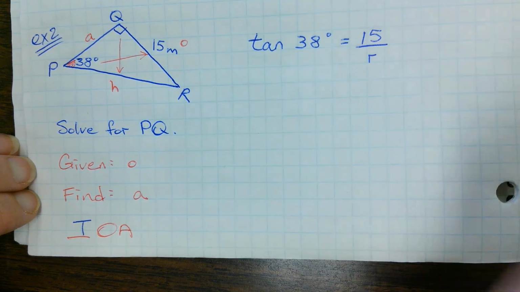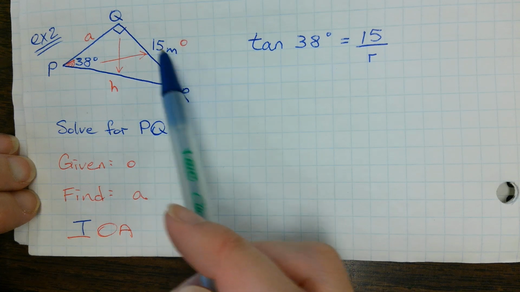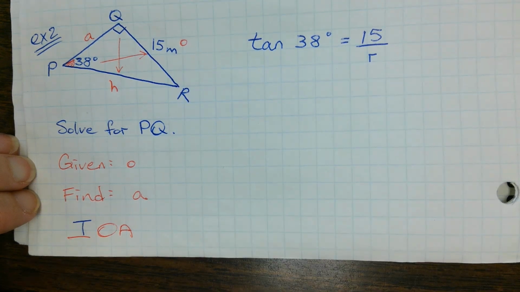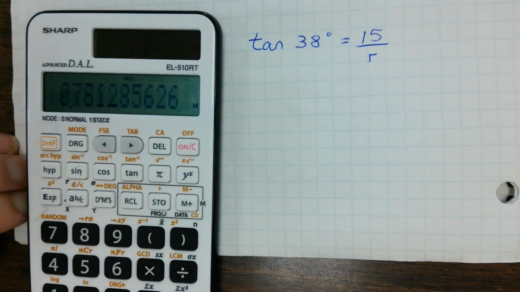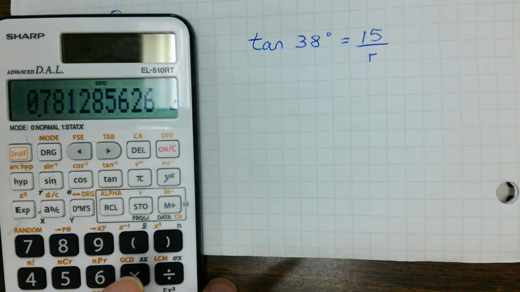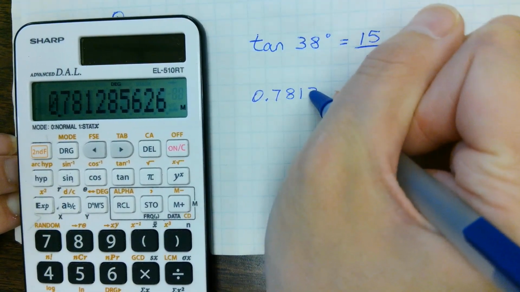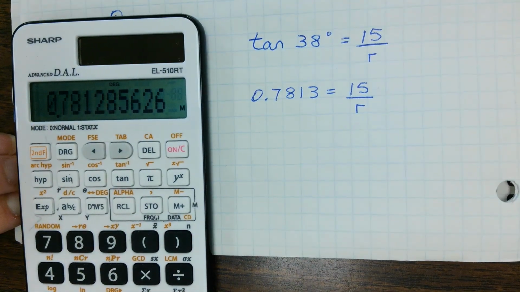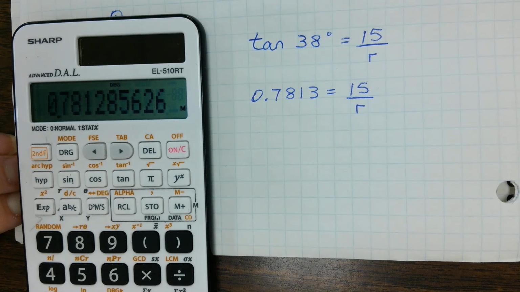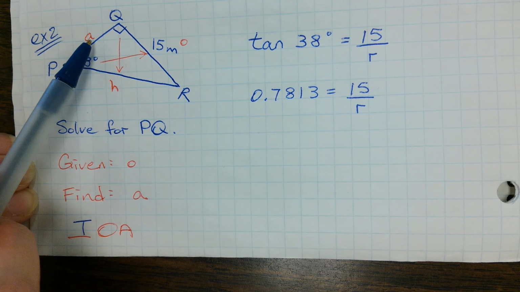You said O was 15. So opposite over adjacent. Tangent 38. On the calculator, we got 0.7813 equals 15 over R. Because it's the opposite side to angle R.